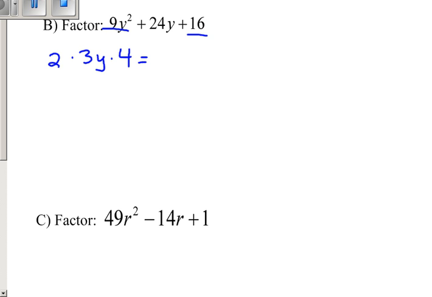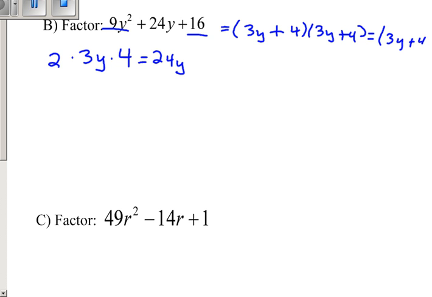Well, that was totally wrong. 2 times 3y times 4 is 24y, because 2 times 3y is 6y, times 4 is 24y. It fits my pattern, so I can say that my product is 3y plus 4 times 3y plus 4, which equals 3y plus 4 quantity squared.